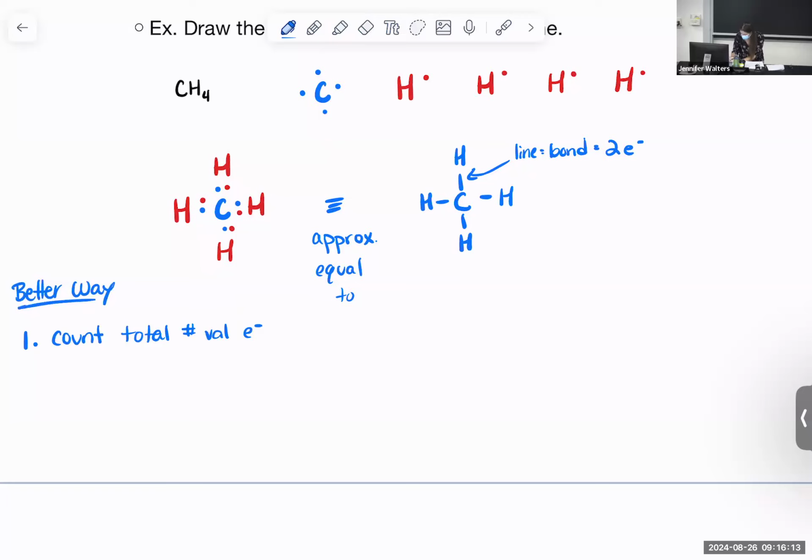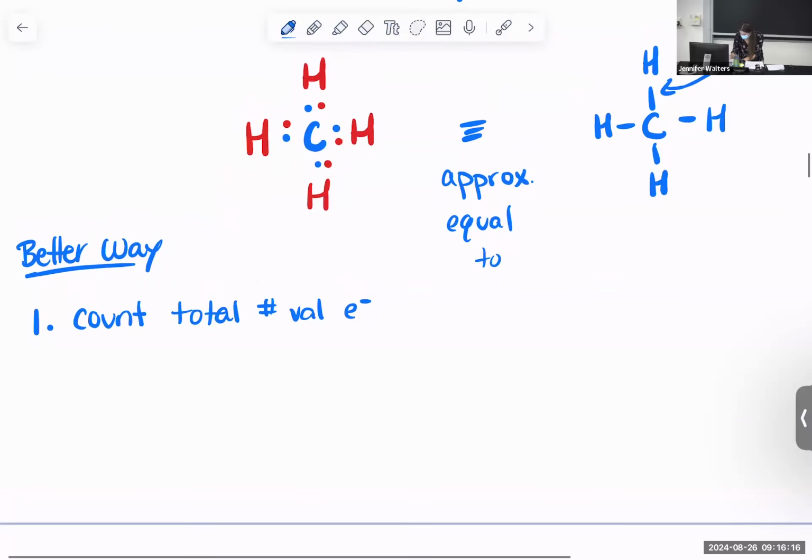This is the way that they teach you in Gen Chem. It actually is the better way. So you count the total number available. Then you start by putting the less electronegative atom in the middle and giving single bonds between all atoms.